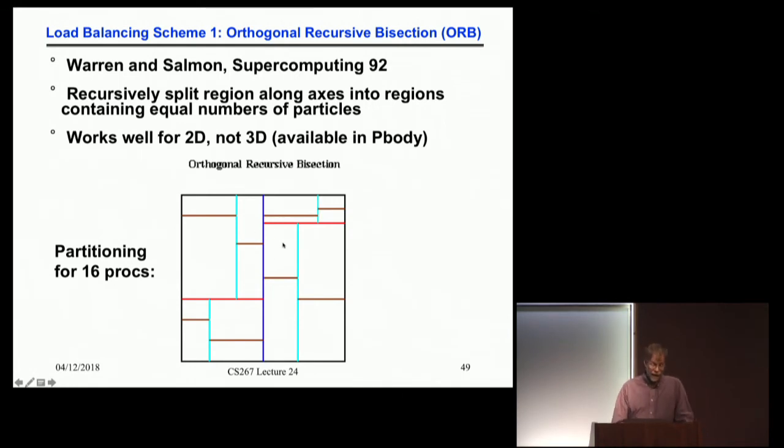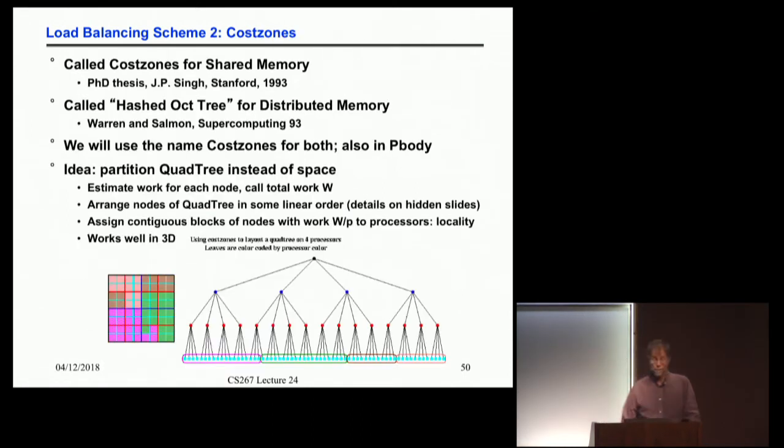And for 3D, it's a little more complicated. This would be a plane, and then I would choose more planes, and that doesn't work so well, and there's a better idea. But this is okay for 2 dimensions. And so what I want to do now is have a data structure which has been reinvented a couple of times. It's called both cost zones and a hashed octree.